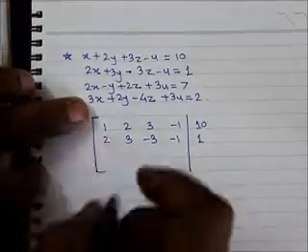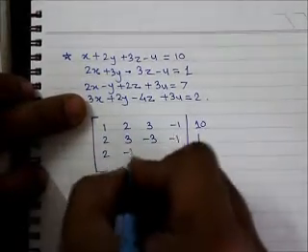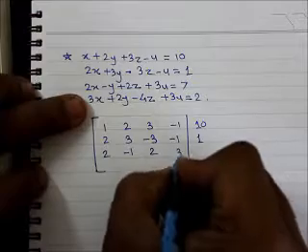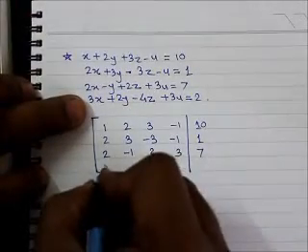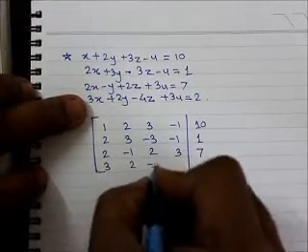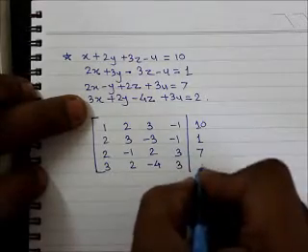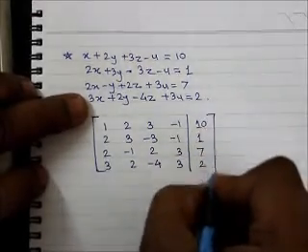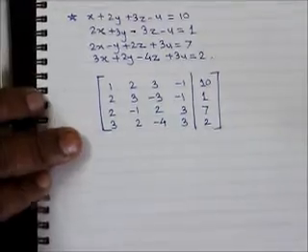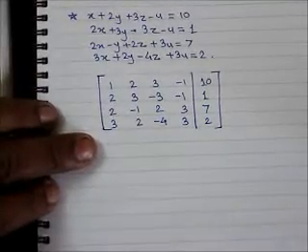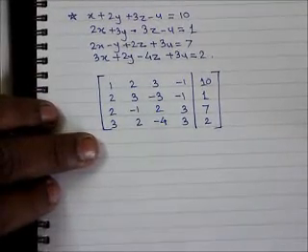Then 2, minus 1, 2, 3, that gives you a 7, and 3, 2, minus 4, 3, that gives you a 2. So we have a matrix form. We are ready to do the transformations.